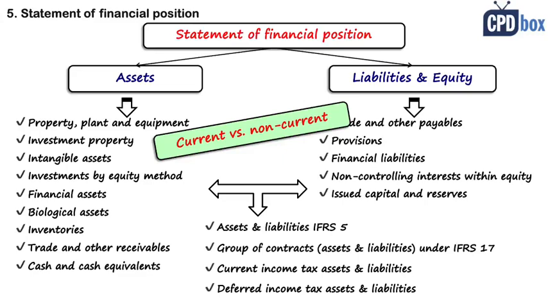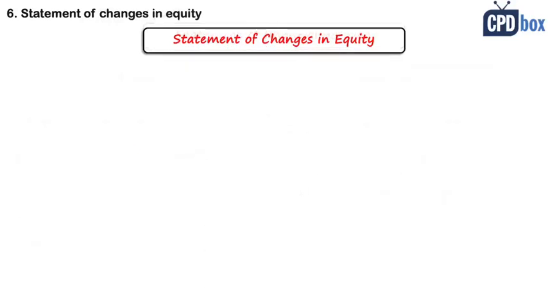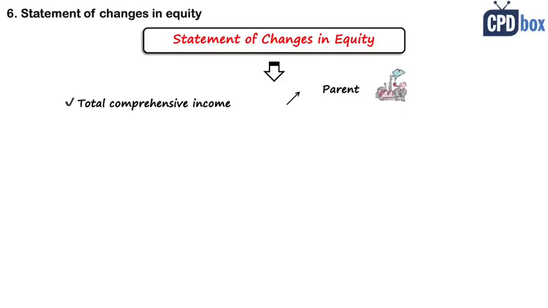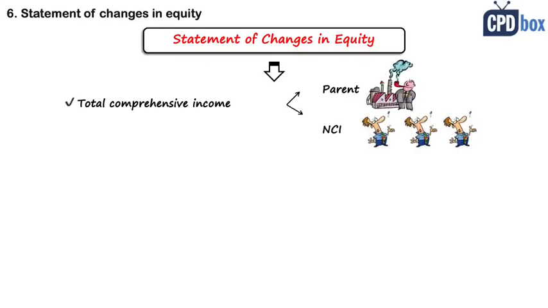Statement of changes in equity is carried over from IAS 1. So here the entity shall present at least total comprehensive income separately, amounts attributable to owners of the parent and to non-controlling interests, for each component of equity separately.